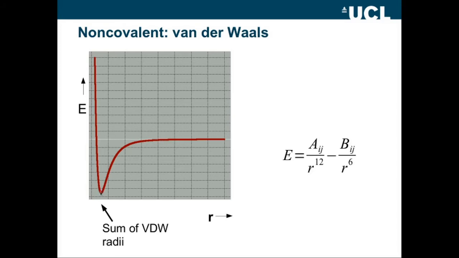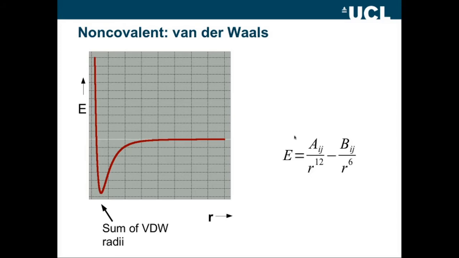And at this point, where we have a minimum on this graph, we have the sum of the van der Waals radii of the two atoms. So this is actually the definition of the van der Waals radius. If we take two atoms of the same type, then the minimum on this curve defines the sum of the two van der Waals radii.